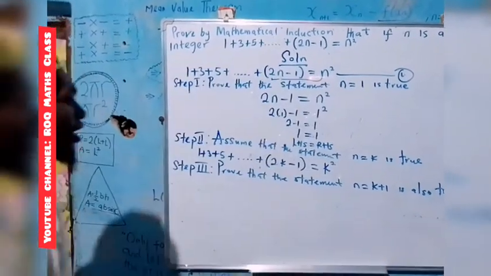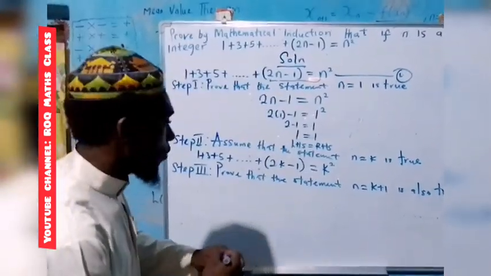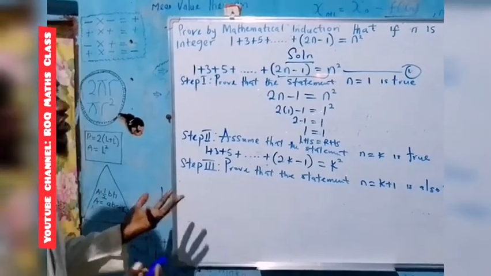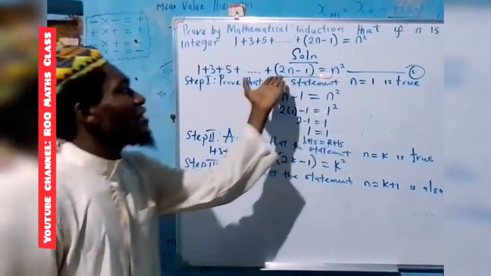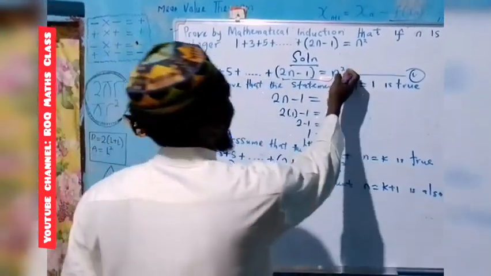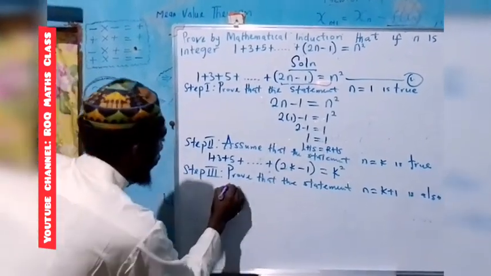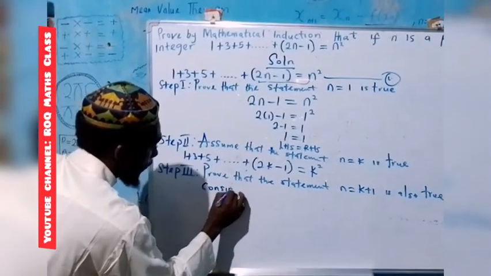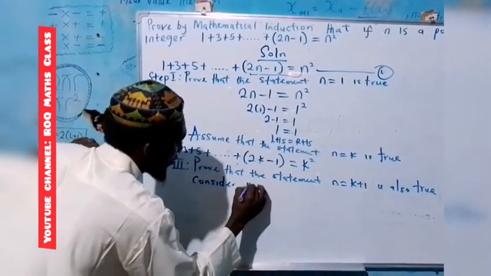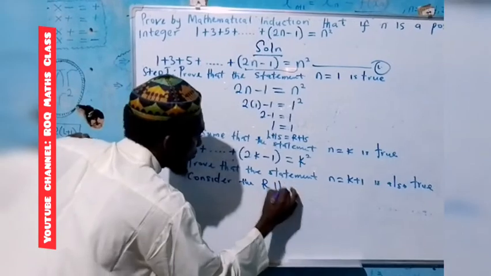This is it now. In this step, some lecturers consider the left hand side, while some consider the right hand side. Now I'm going to consider the right hand side.